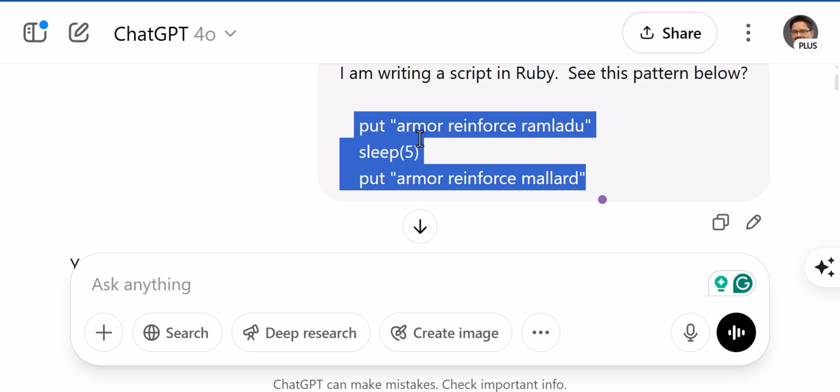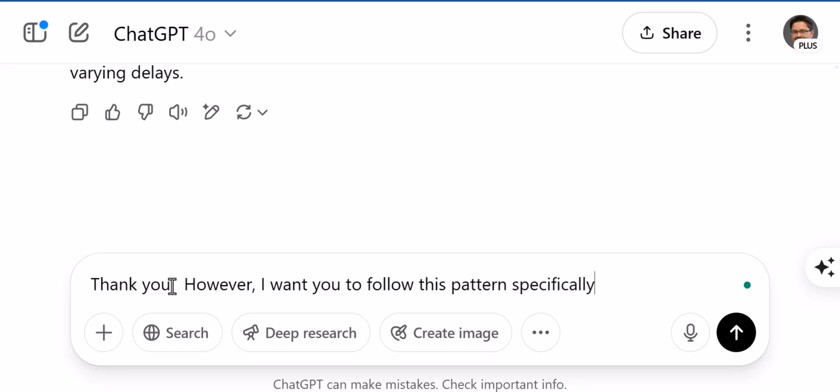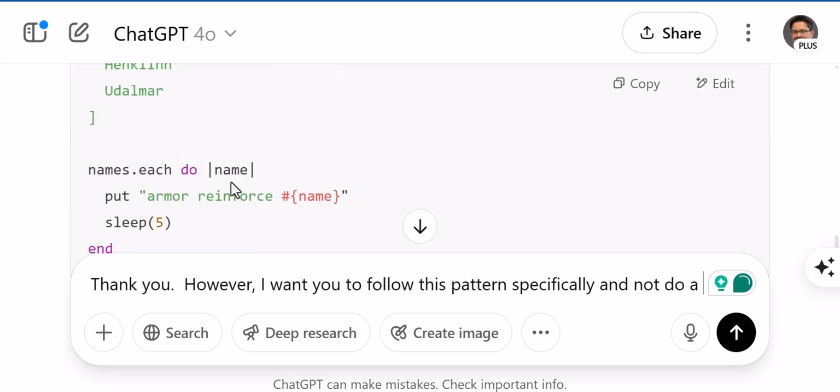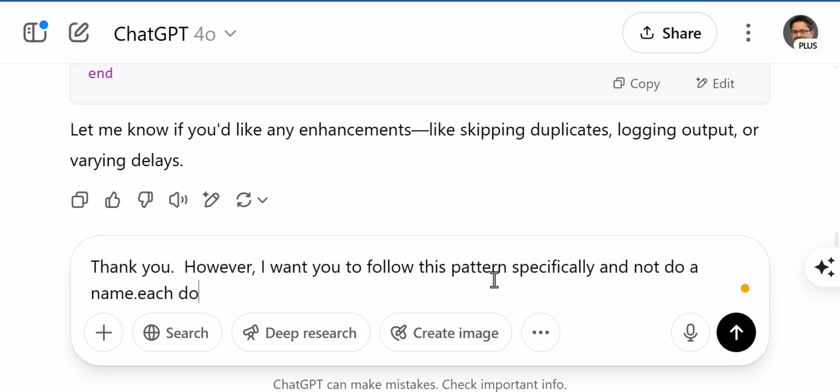I could go back and say, thank you. However, I would prefer that you do this pattern here. Okay. So let's take it a step further. Thank you. However, I want you to follow this pattern specifically and not do a, let me make sure I get the language right, name.each do loop.